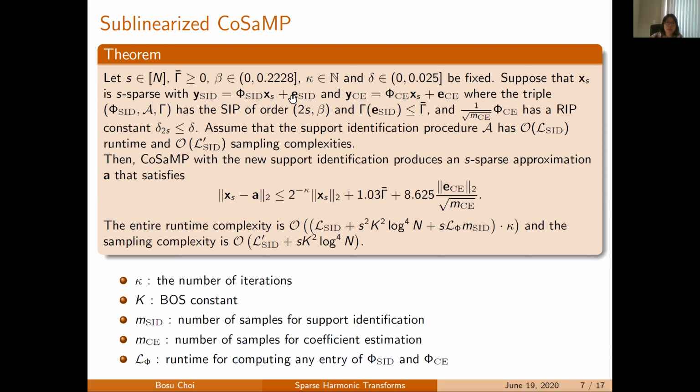And they are contaminated by some noise, ESID and ECE respectively.